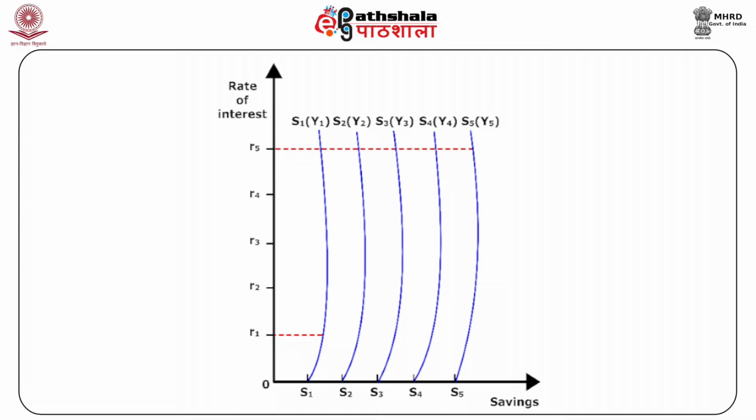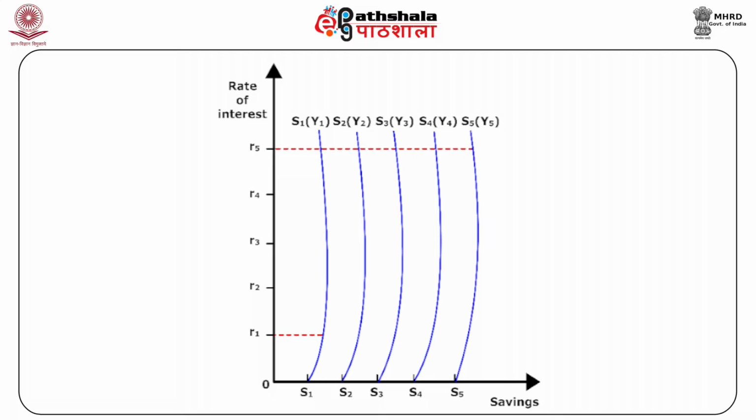Now, up to a point, if the rate of interest increases, then the households would be incrementally increasing their level of savings. But if the rate of interest increases too much, then obviously the households would not cut down their consumption much more than what they can afford to do.